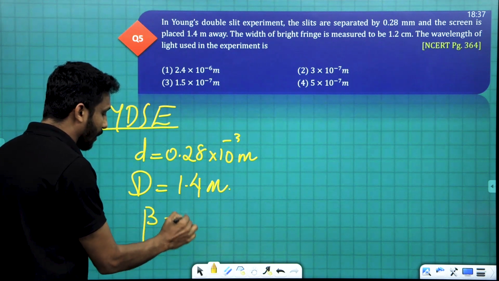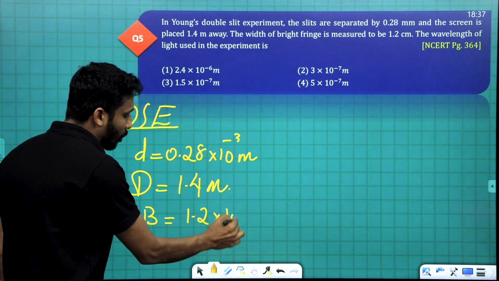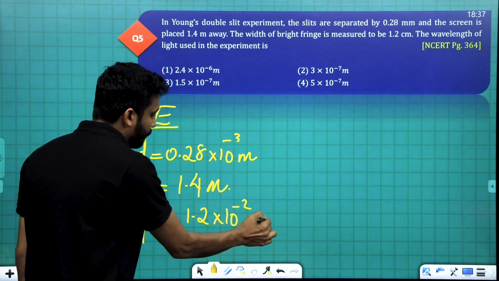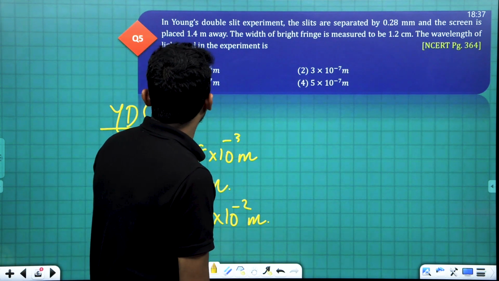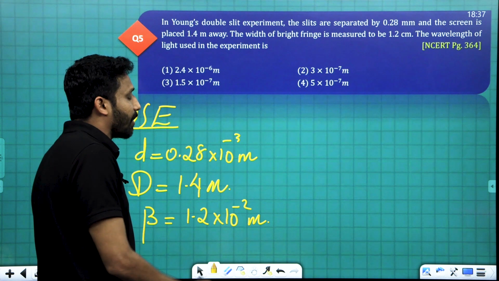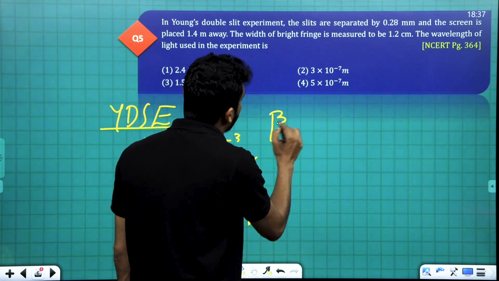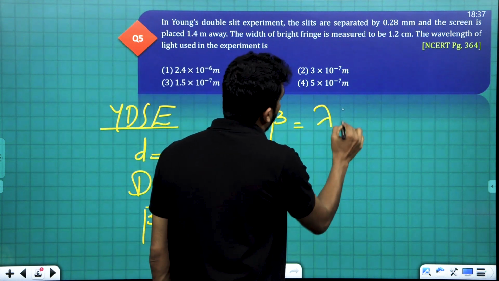Fringe width beta is 1.2 centimeter. What is the wavelength of the light used in this experiment? Very direct, we have fringe width beta is lambda D by d.